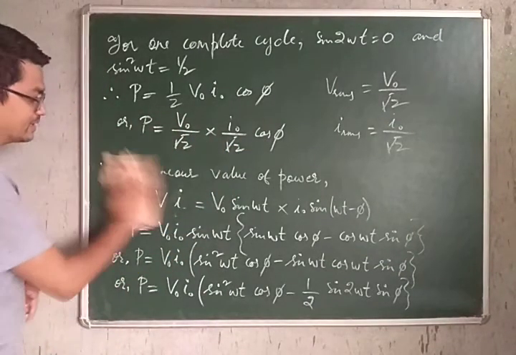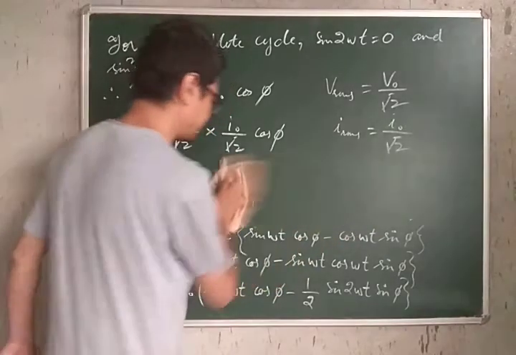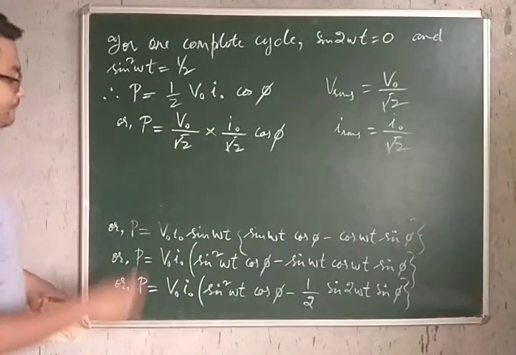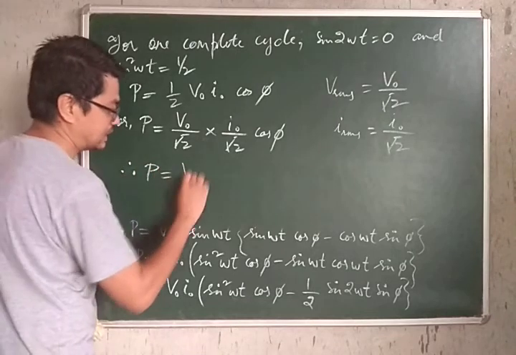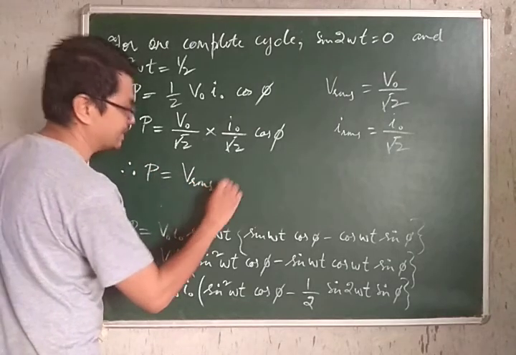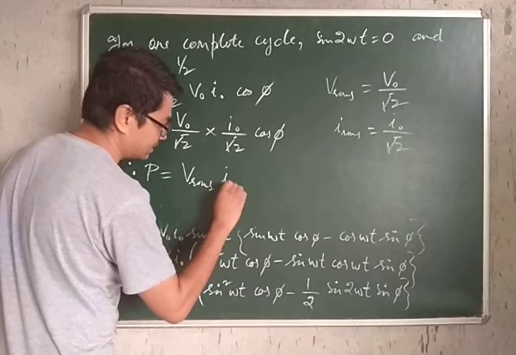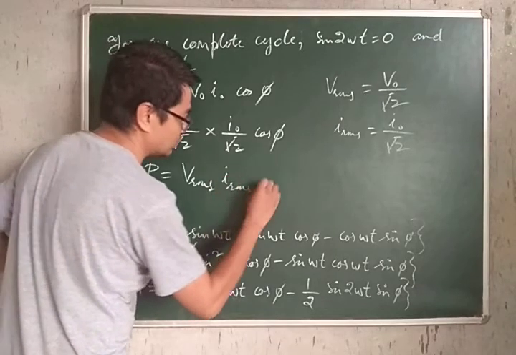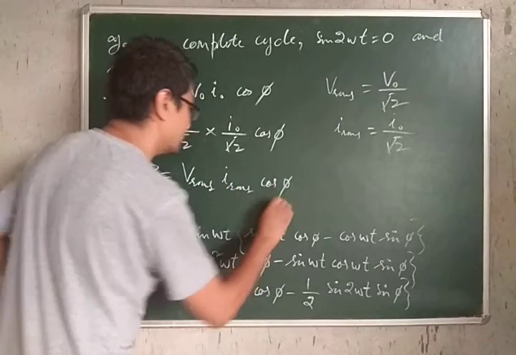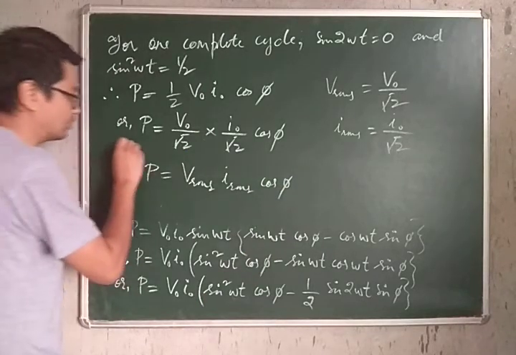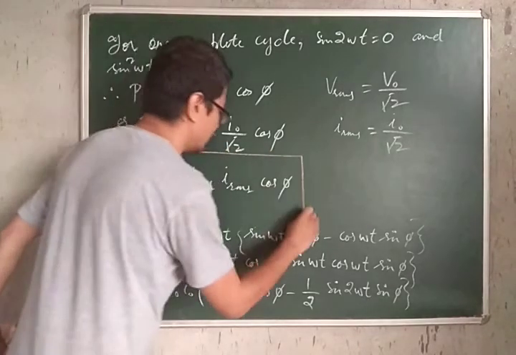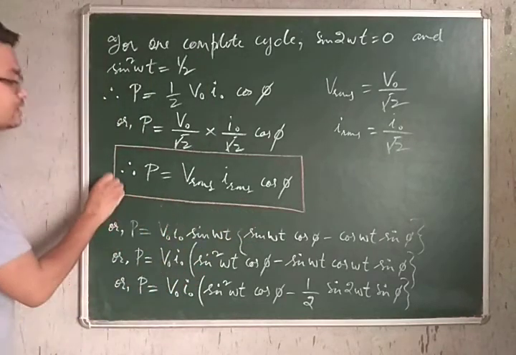So let me erase this. Therefore, we get the power is Vrms Irms into cos phi. So this is the expression for power in case of an alternating current circuit.